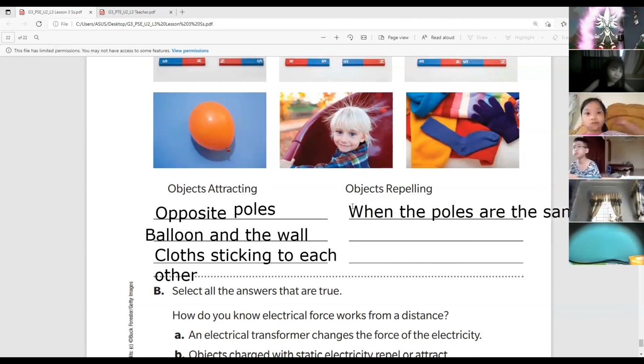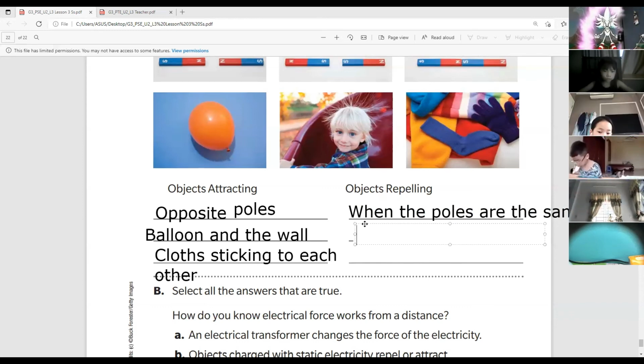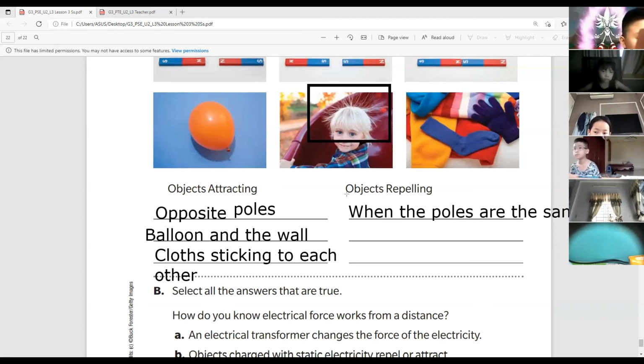What else is repelling? The kids on the slide. What's repelling in that picture, Emma? What is that called? What's on the top of your head?